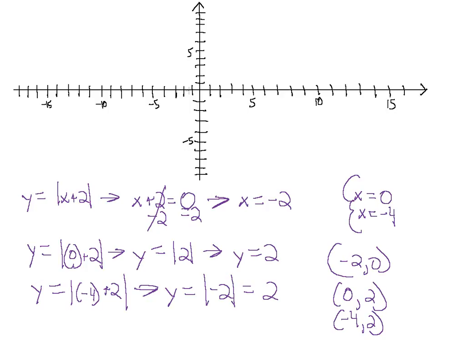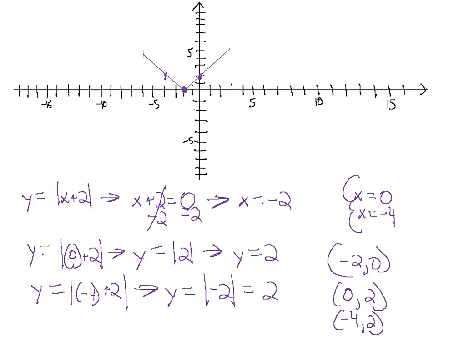We have minus 2 and 0, which is right here. We have 0 and 2. That occurs right there. And we have minus 4 and 2. So here's another one. All right, so we simply graph the function by drawing 2 straight lines connecting at the vertex. So we have one right here and one right here.